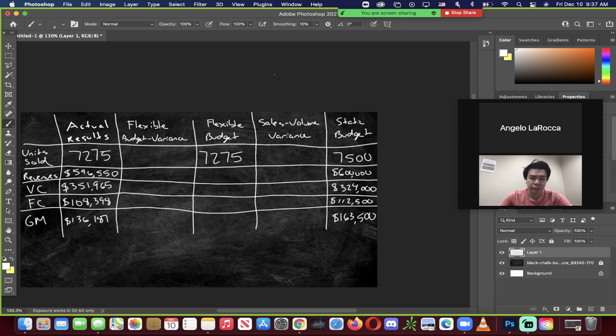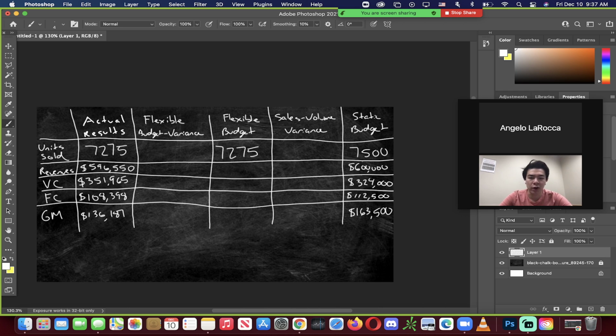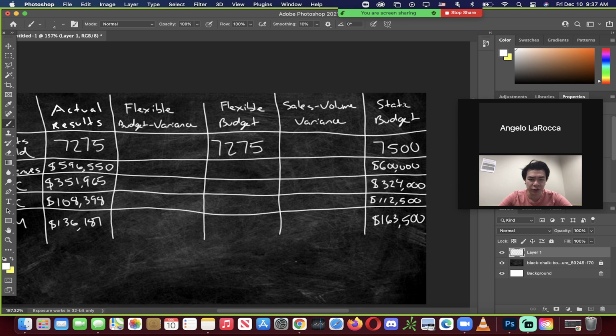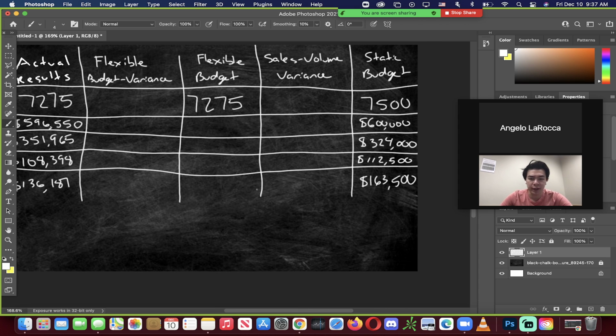So for example, for the static budget, we have 600K in revenues, right? But the units sold, we're converting from 7,500 to 7,275, right? Therefore, we got to convert these numbers, revenues, fixed costs, variable costs, to reflect that, right? So for 600K, what we're going to do is 600K divided by 7,500, and we get, what is that? Is that $80?